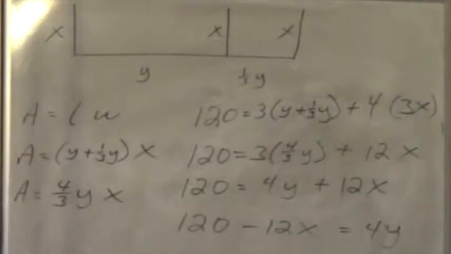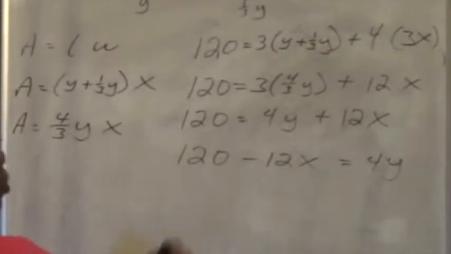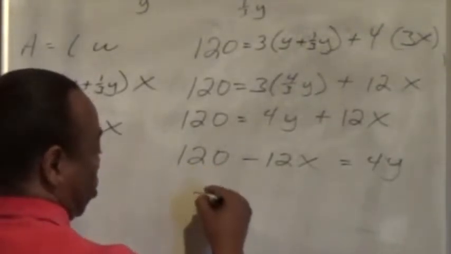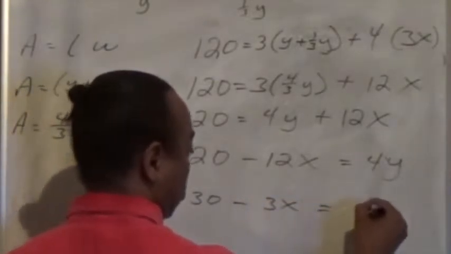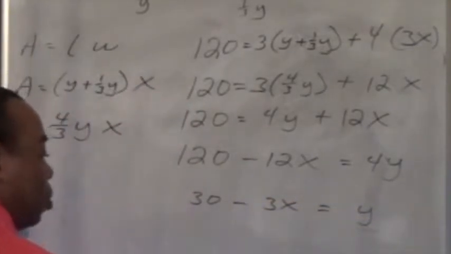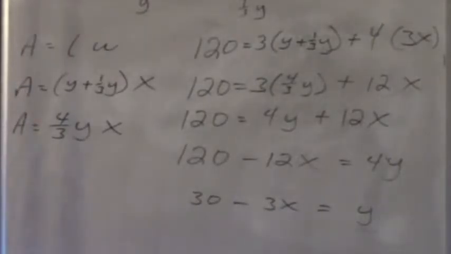So I start by subtracting 12x from both sides. And from here, I'm going to divide both sides by 4. Now y can be replaced with 30 minus 3x.